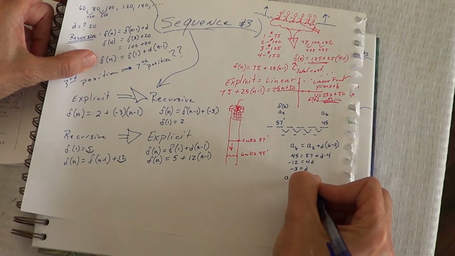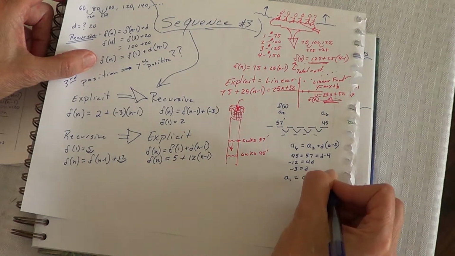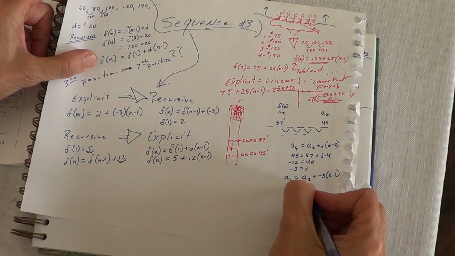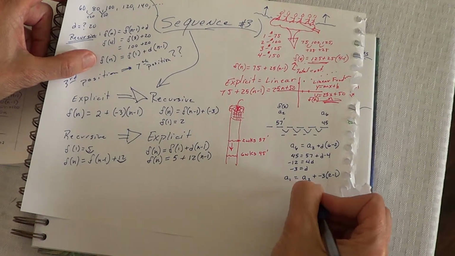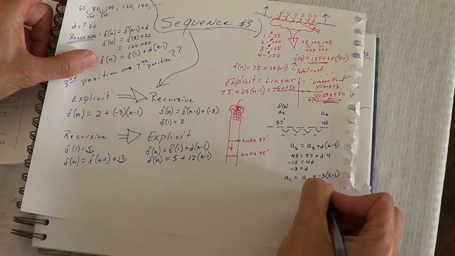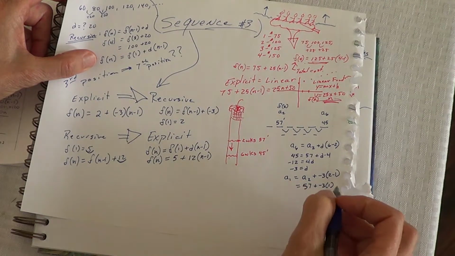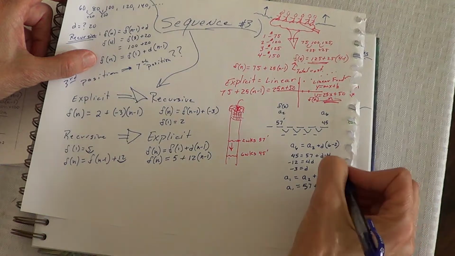So I'll do the easier, A2 plus negative 3 times 2 minus 1. 57 plus negative 3 times 1. A1, and I'm sorry, I did that backwards.